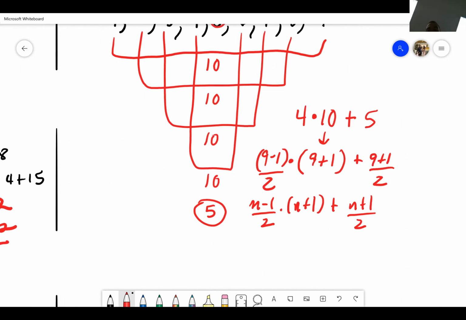Let's see. So, can we add those together? Yes, we can have n plus 1 times n, plus n minus 1 times n plus 1, all divided by 2.